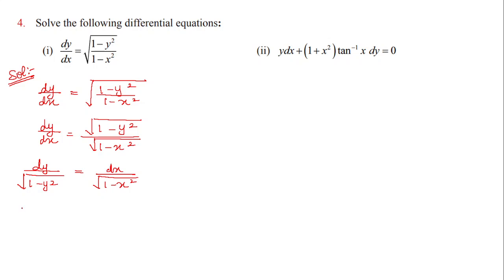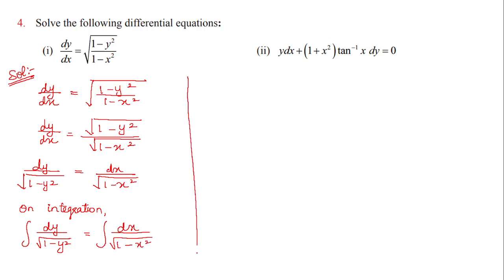So now what we are going to do is integrate on both sides, as you can also write. So integral dy by square root of 1 minus y square is equal to integral dx divided by square root of 1 minus x square.